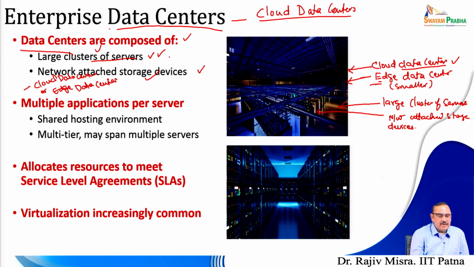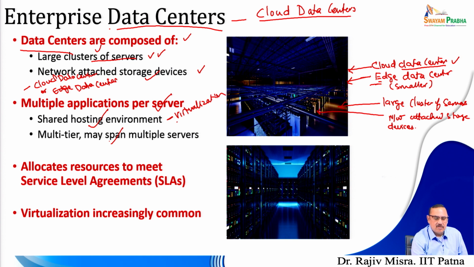Now, in these data centers, we have multiple applications running per server. For this you require the shared hosting environment, and multi-tier may span multiple servers. Meaning to say that you have seen in the previous lecture about the virtualization technologies.